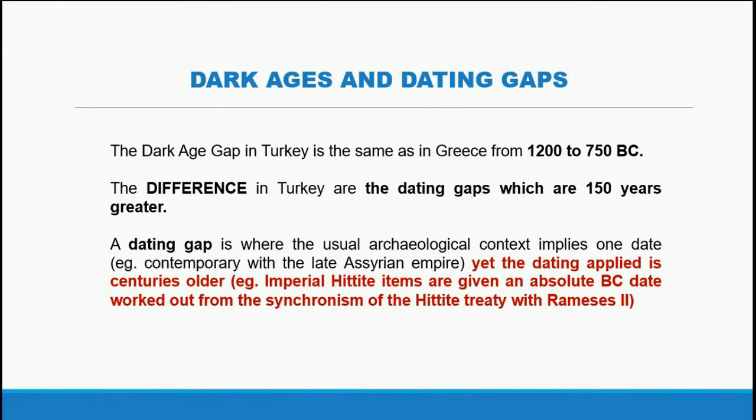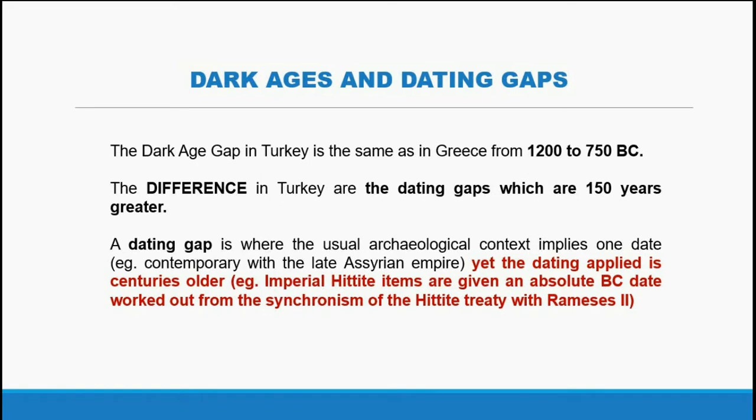Now let me clarify something regarding the Dark Ages of these regions and dating gaps. Now the Dark Age gap in Turkey is the same as in Greece, from 1200 to 700 BC. Now the difference in Turkey are the dating gaps, which are 150 years greater.